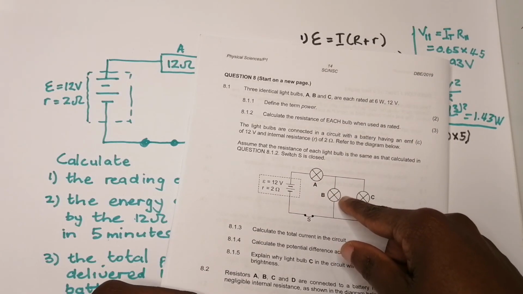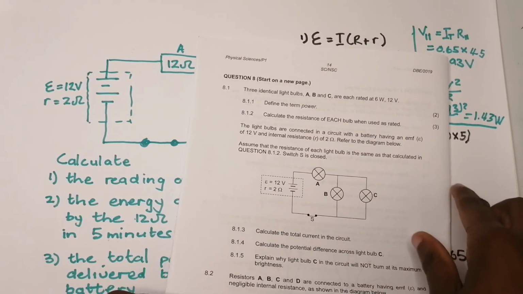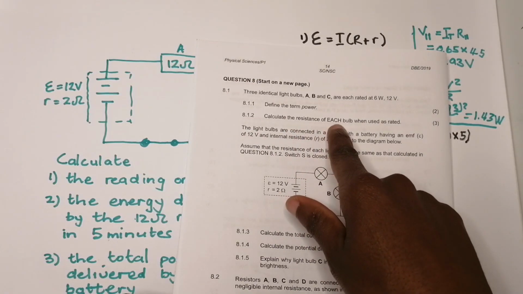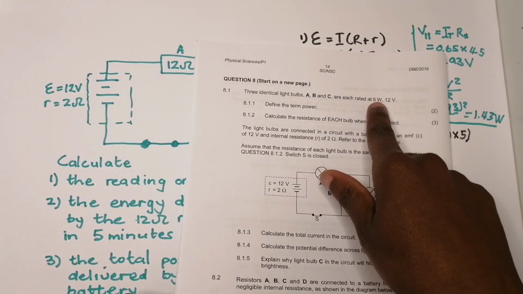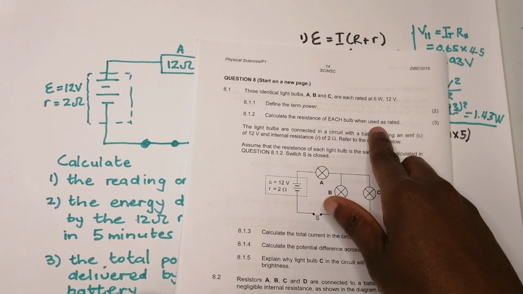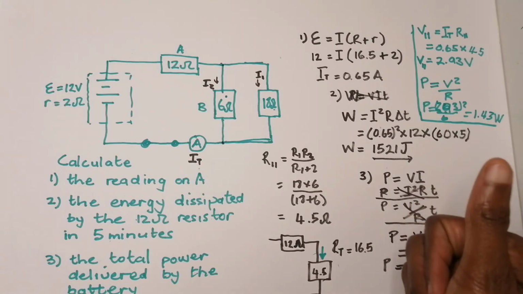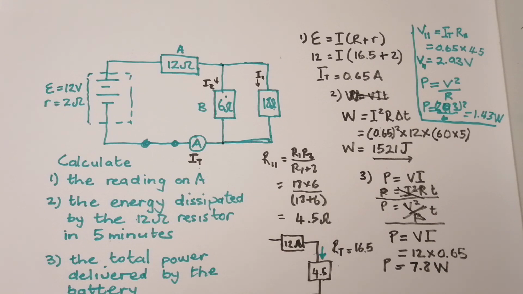In this case, what they wanted you to do is to find the resistance. So obviously you've got the power, you've got the voltage, and you want the resistance. So which one would be best to use? It would be V squared over R, right? You've got the power, you've got the voltage, and you're trying to get the resistance, so you would be able to get it that way.